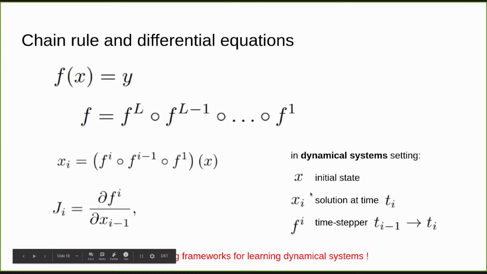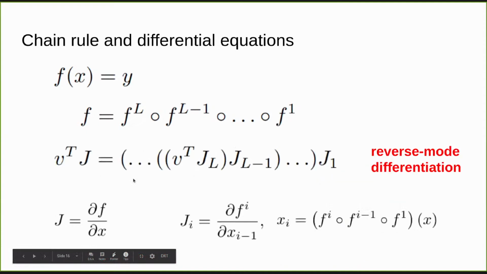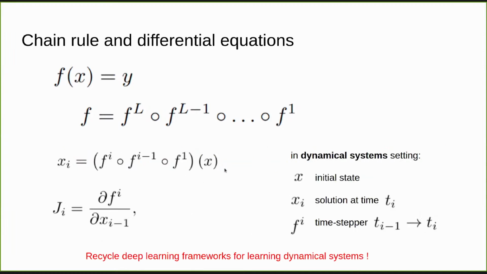And you can actually compute the derivative of the final state with respect to any intermediate and the very first state with the same reverse mode differentiation chain rule. The only thing you need is the Jacobians for the individual time steppers.